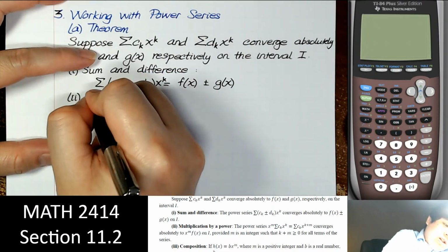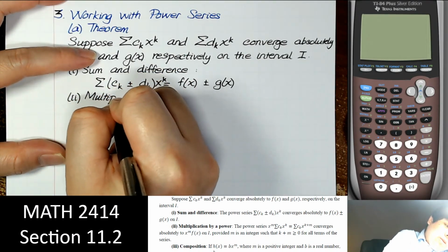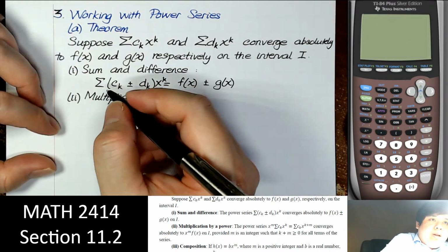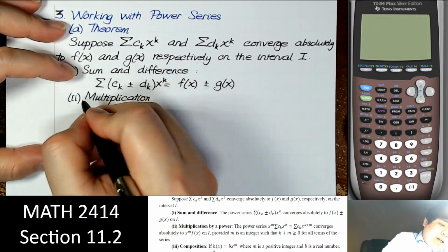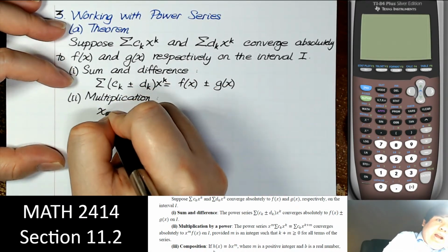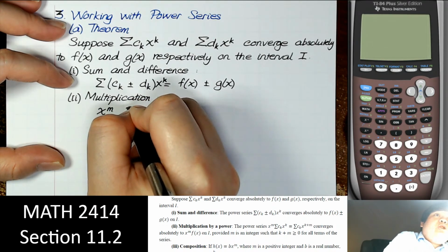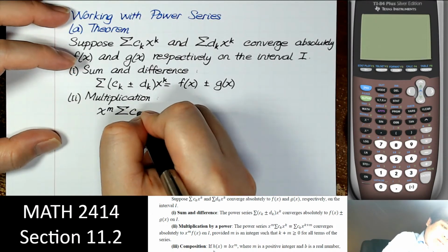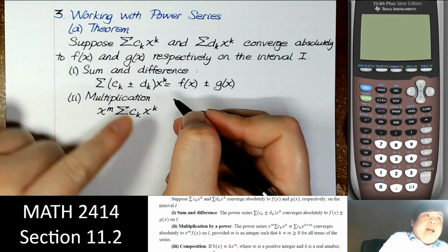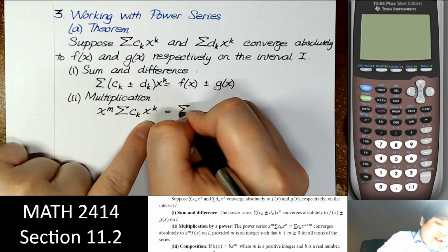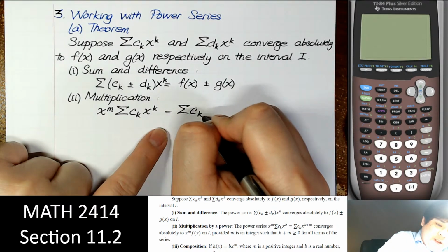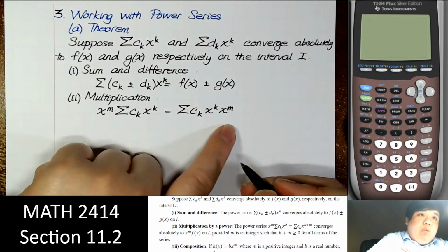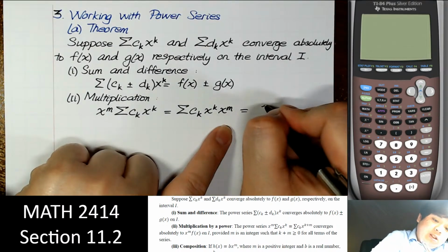And then the multiplication: if we have x to the m multiplied to the power series, then we just multiply, and when we multiply we can add the exponents.